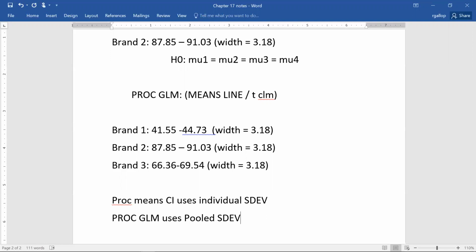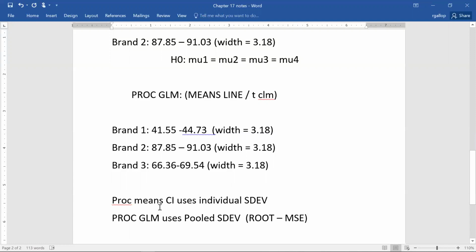The proc means confidence intervals use the individual standard deviations. The proc GLM uses the pooled standard deviation, which again is nothing more than our root mean squared error. Which one's right?